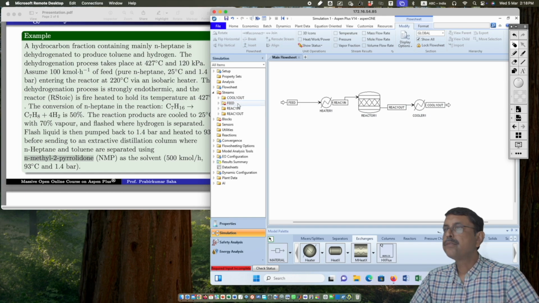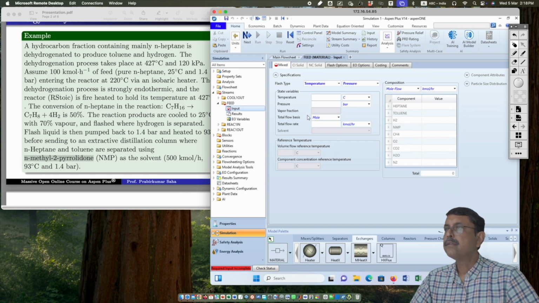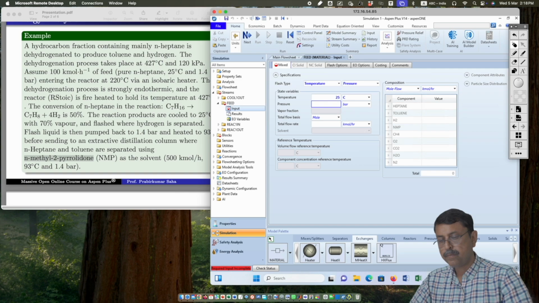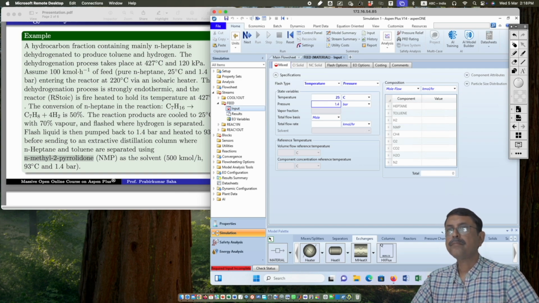So the streams, only one stream needs to be fixed, that is the feed, and feed is pure heptane, 25 degrees centigrade, 1.4 bar. So it is 25, 1.4, and pure heptane 100. So this is 100.